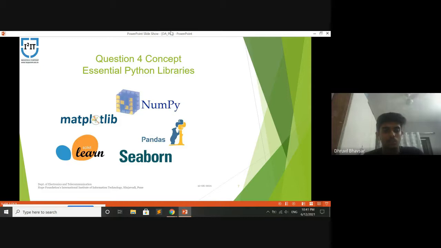And last but not least is Seaborn. Seaborn is a Python data visualization library which is based on Matplotlib, but it provides a high-level interface for drawing attractive and informative statistical graphs.